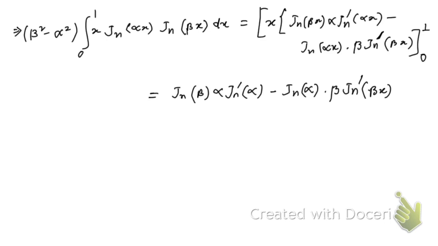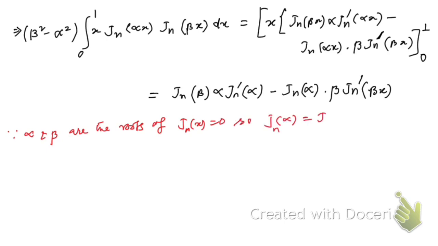So now you see, as already mentioned earlier in the orthogonal property, since alpha and beta are the roots of Jn of x equal to 0, Jn of alpha and Jn of beta must both be equal to 0.